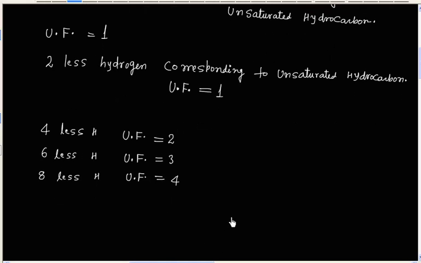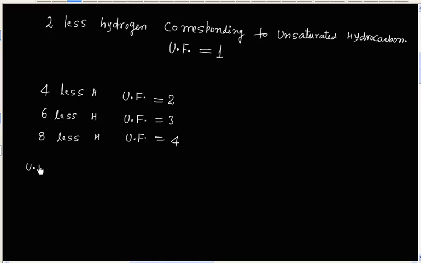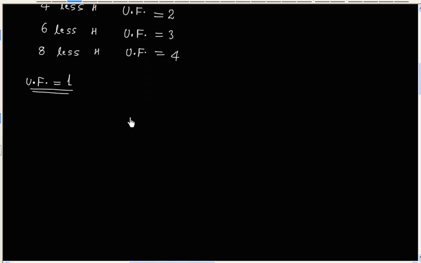Now let us discuss more about unsaturation factor 1. There are two possibilities by which we can make unsaturation factor 1. One possibility is we can create a double bond. Another possibility is we can form a ring.